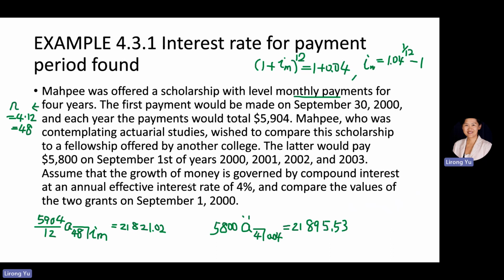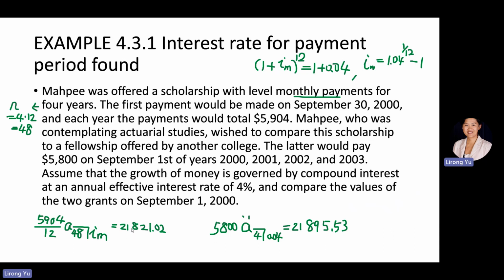We have to convert the annual interest rate of 4% into a monthly interest rate. That can be done: (1 plus i_m) to the power of 12 equals 1 plus the annual interest rate of 0.04. So i_m is 1.04 to the power of 1 over 12 minus 1. And that is what we're applying in the bottom left formula.